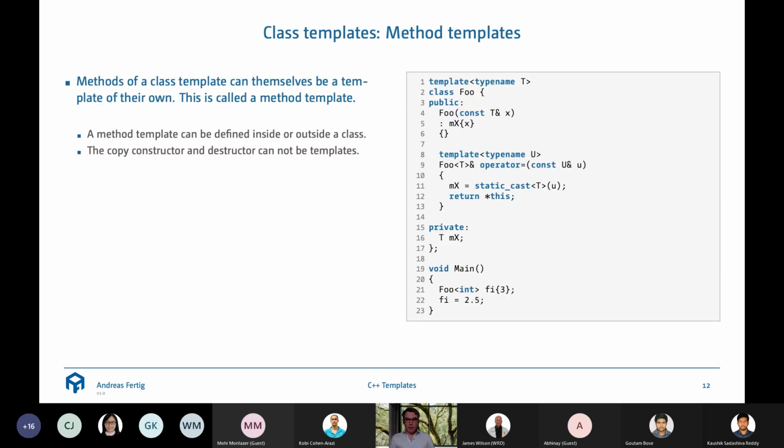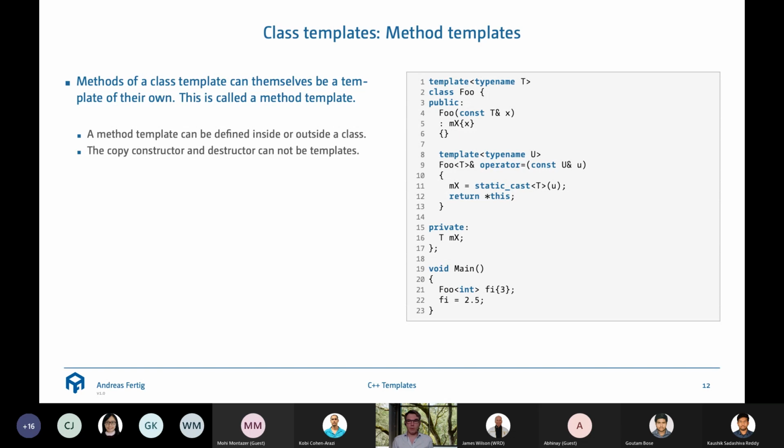I already said this, or with a sentence, in class templates we have the possibility to make member templates as well. The example here on the right presents a class foo.